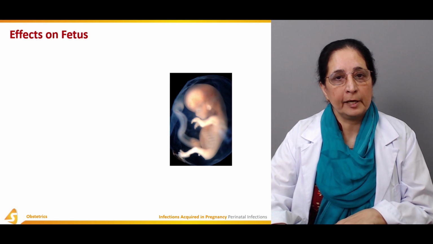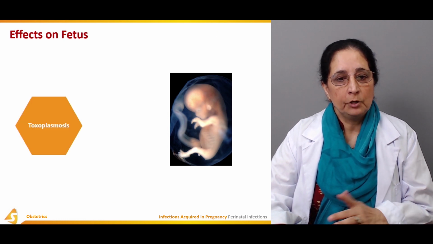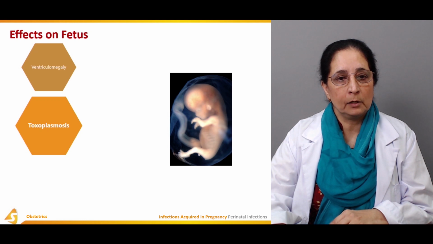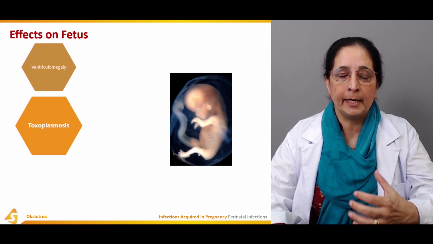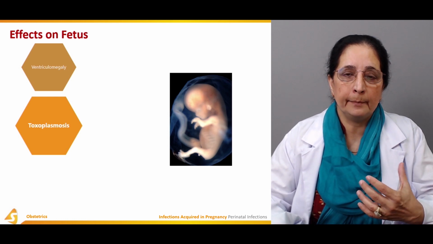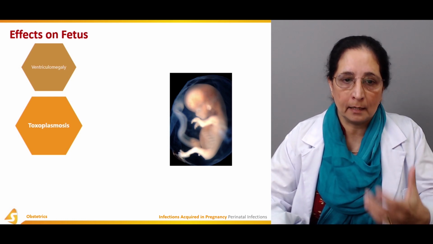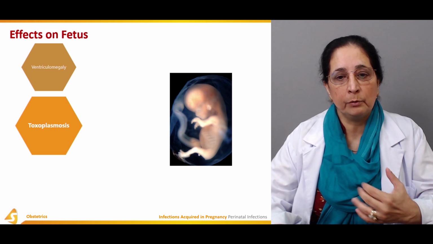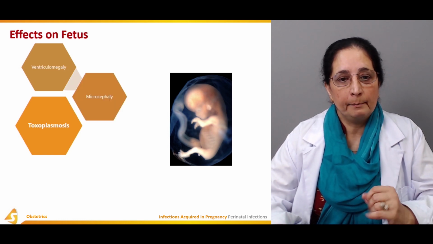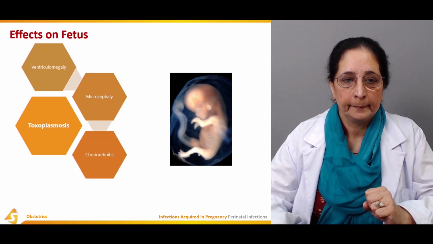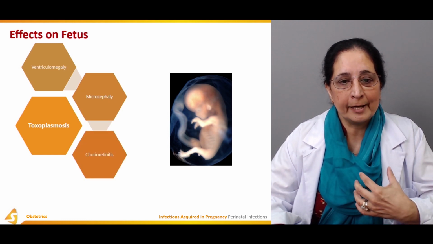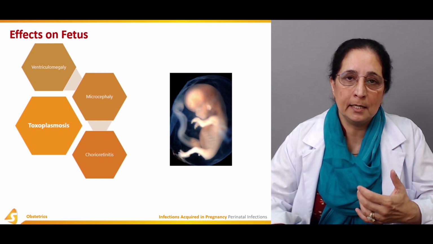Effects of infection on the fetus. Toxoplasmosis causes ventriculomegaly. The ventricles in the brain become enlarged; megaly is enlargement. Microcephaly, the head is small. Chorioretinitis, it affects the eyes also.